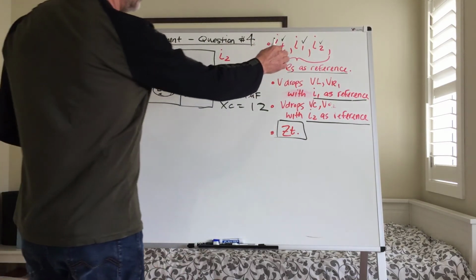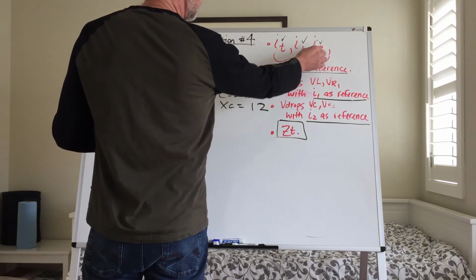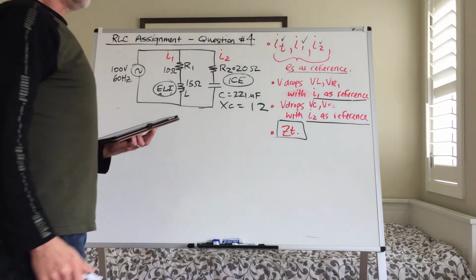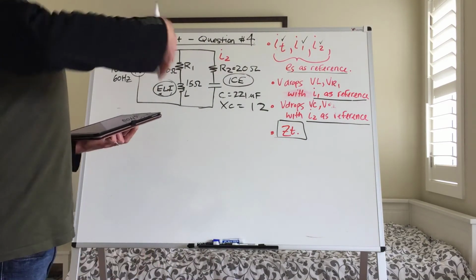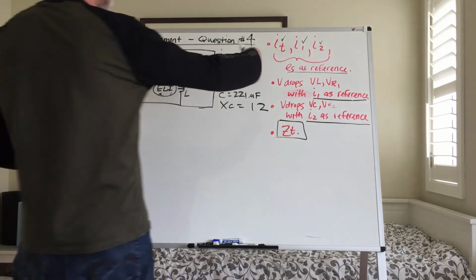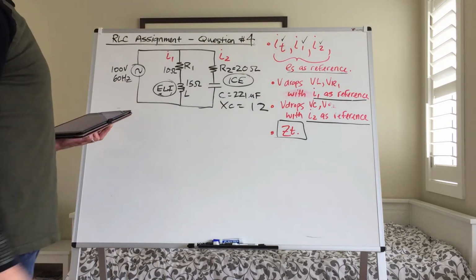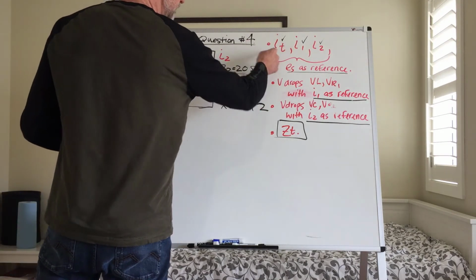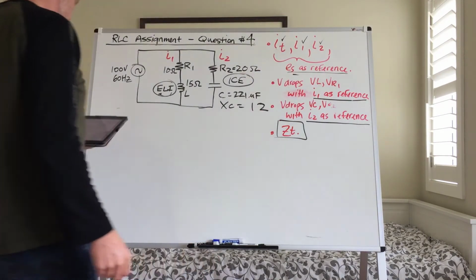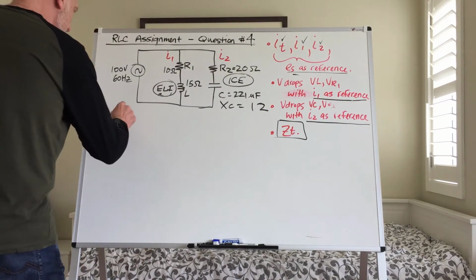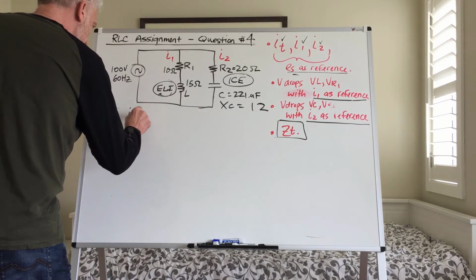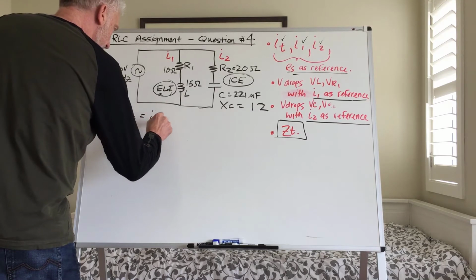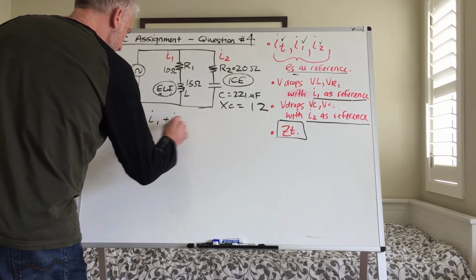Remember, both of these currents we calculated with E source as the reference. Because they've got E source as the reference, if we simply add the two of them together as polar values, we'll end up with an I total value with respect to E source, and that's what we want. So I total is going to equal I1 plus I2.